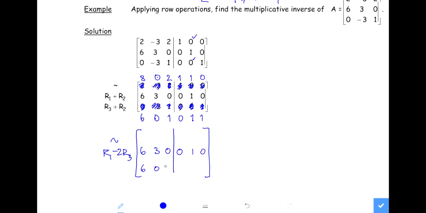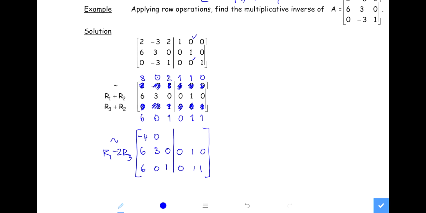So 6, 3, 0, 1, 0, 1, 0 and 6, 0, 1. I don't change R2 and R3; I want to change my R1. So 2 times this one is 12. 8 minus 12 is minus 4, because I do R1 minus 2 times R3. For this one, 2 times R3 is 0, so that is 0.